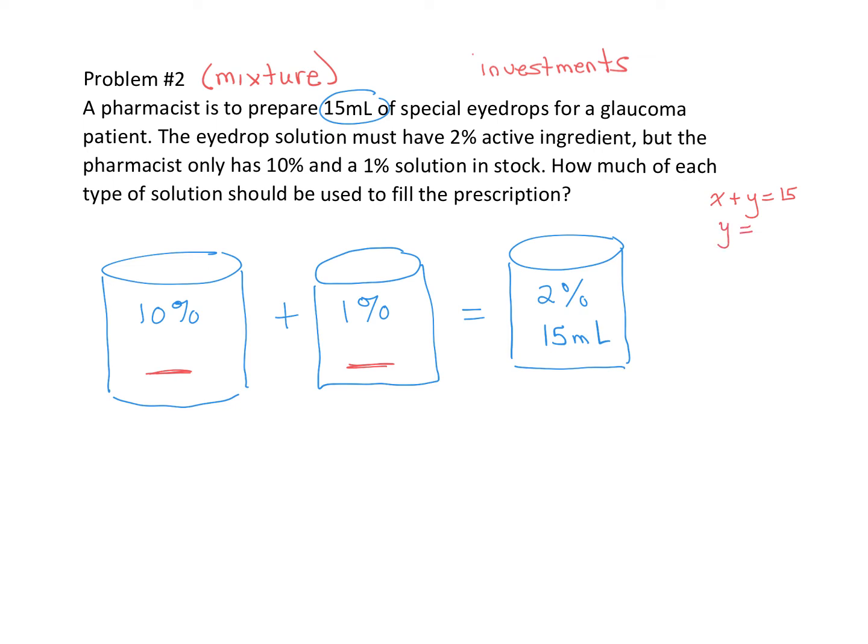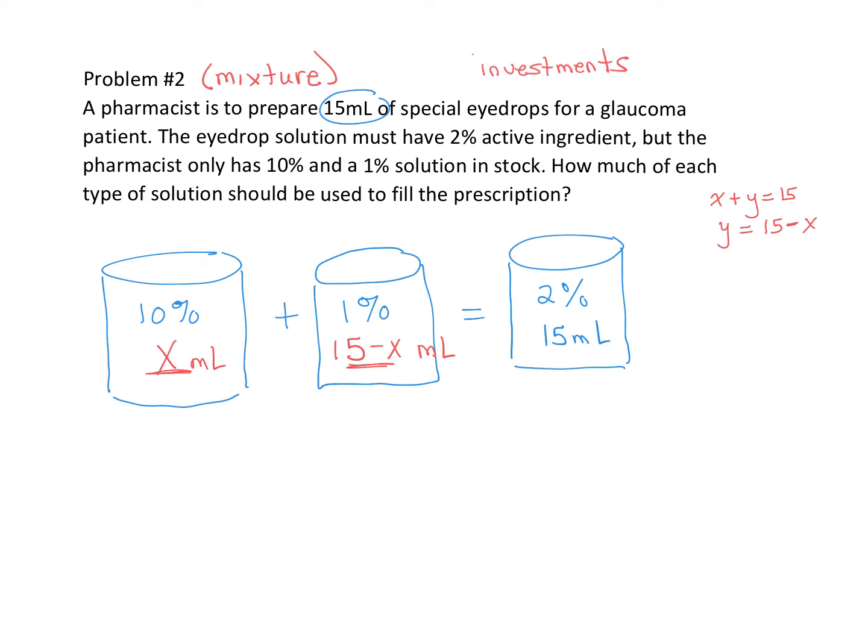So what we could do is subtract the x, 15 minus x, and call this x milliliters, and this one what's left, which is 15 minus x milliliters.